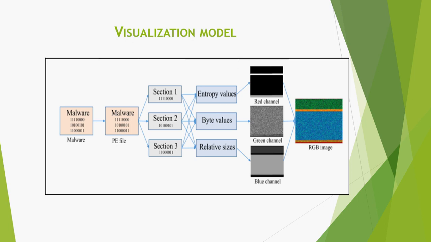Similarly, I assign the size of the file to the blue color and the byte value to the green color, while extracting the features from the image and then training the machine learning model. I feel the CNN model would be able to classify the images.